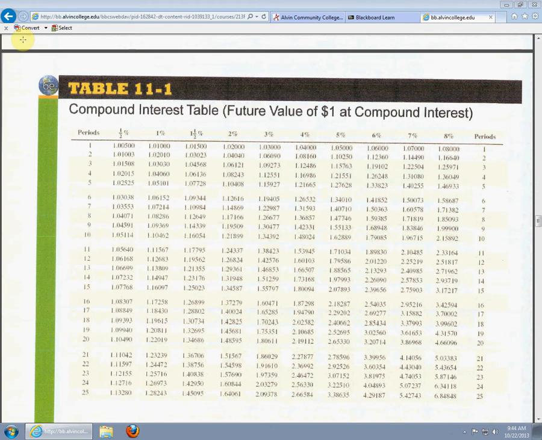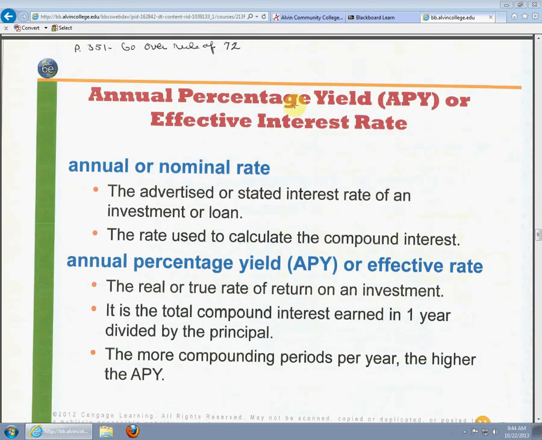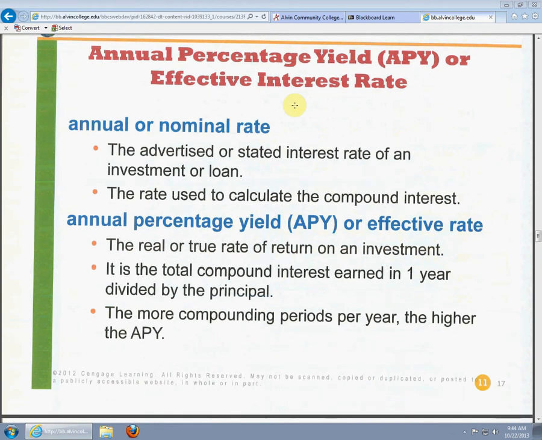Okay, the next thing that we want to look at is going to be annual percentage. You probably see this a lot on your credit cards. You'll see the APY on your credit cards if you read all the fine information. And this is the annual or nominal rate.